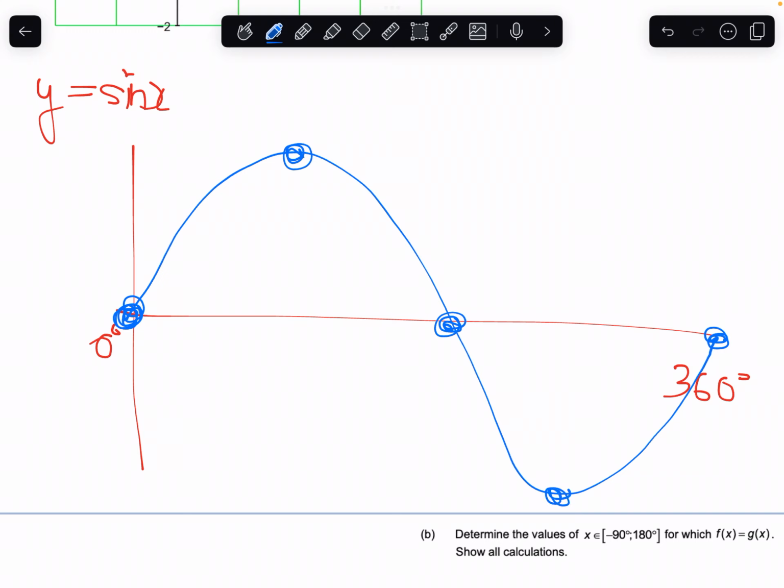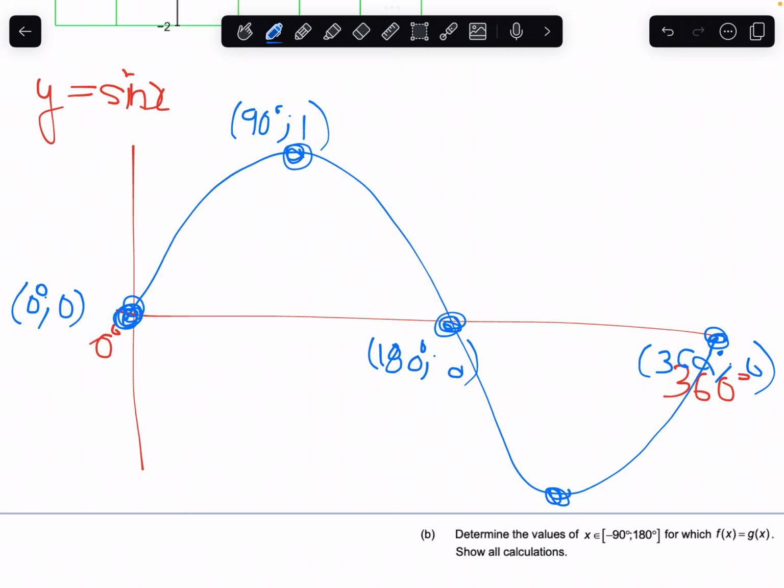Okay, so this is the first x-intercept, the next x-intercept, and the last x-intercept. And then over here my first turning point is 90 degrees and 1, and the other turning point is 270 degrees and -1. So that is what I just know offhand, right?